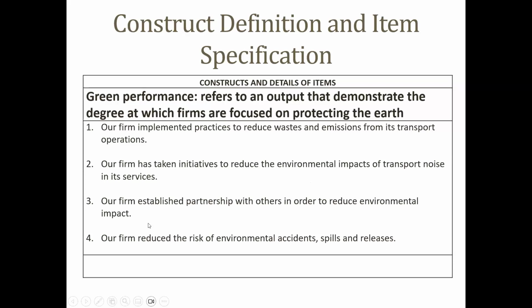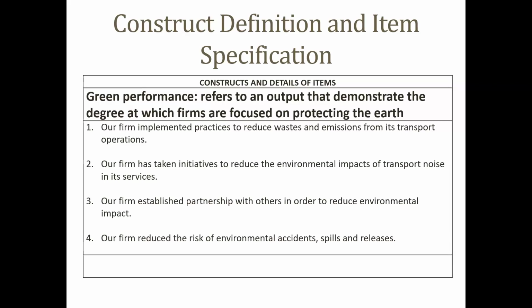Third, our firm established partnership with others in order to reduce environmental impact. Sometimes your organization doesn't have any specialty in pursuing environmental sustainability. So you end up teaming up with other parties who can help you revamp your operations to minimize environmental impact.